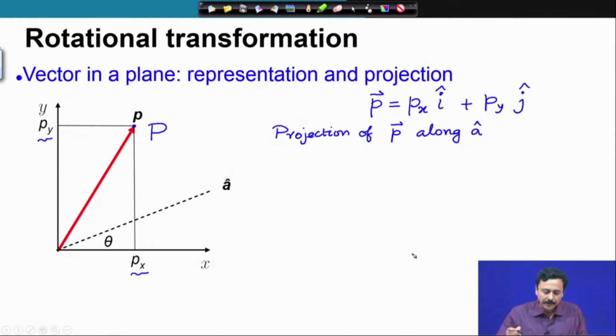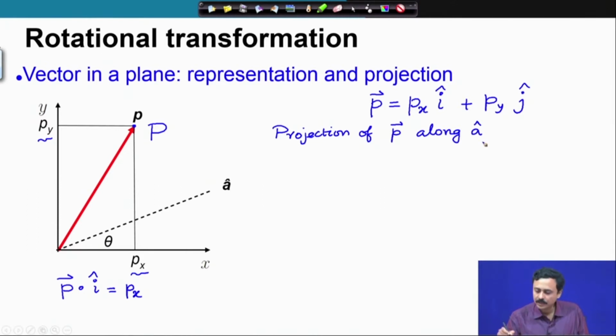Now, you already know and we have also discussed the concept of projection. For example, if I want to project the vector p along x axis, then I take a dot product with i cap and that gives me p x.